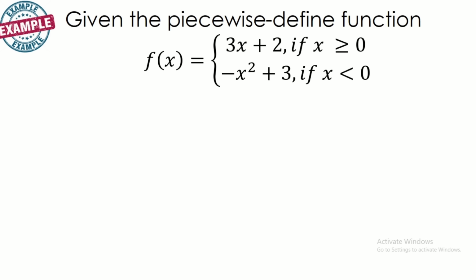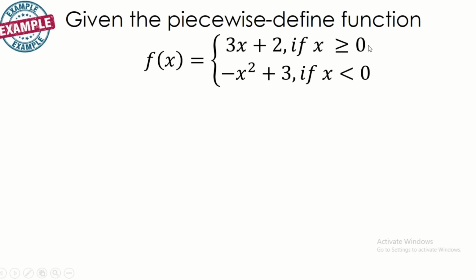so given the piecewise defined function, f of x is equal to 3x plus 2 if x is greater than or equal to 0, negative x squared plus 3 if x is less than 0. So, gagamitin natin yung function na to kapag yung value ng x ay greater than or equal sa 0.